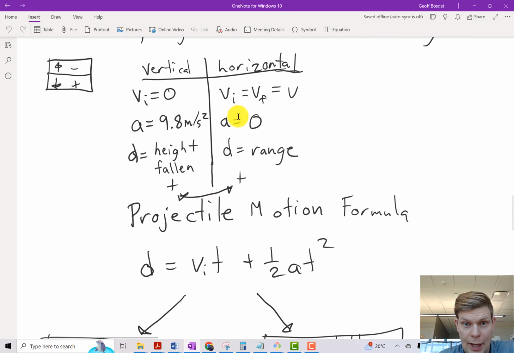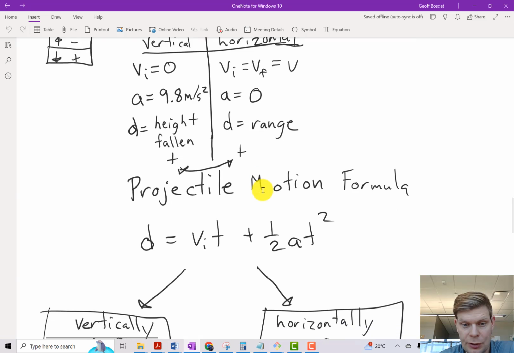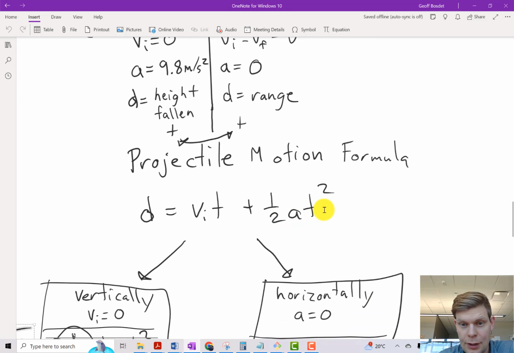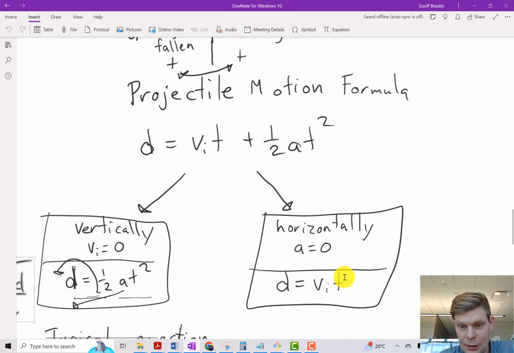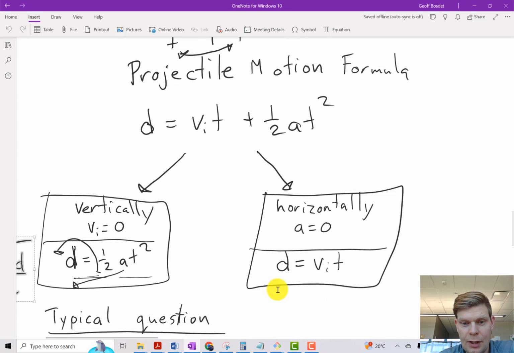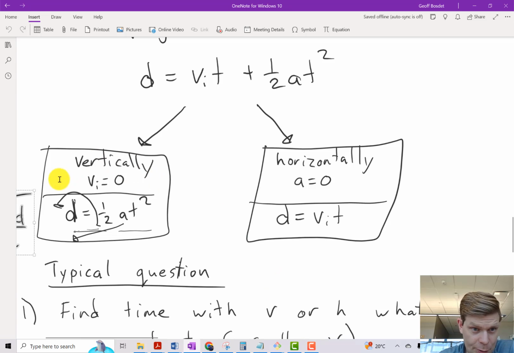Horizontally, A is 0, so there's no sideways acceleration. So this whole term goes to 0. And horizontally, this ends up being your formula. So just separate formulas for both your vertical situation and horizontal situation.